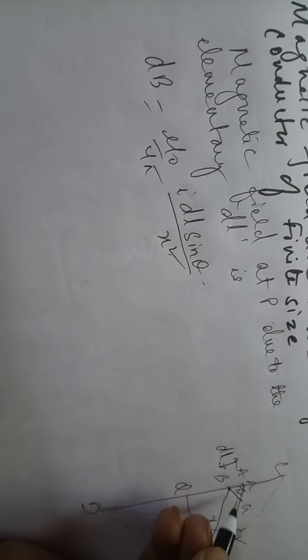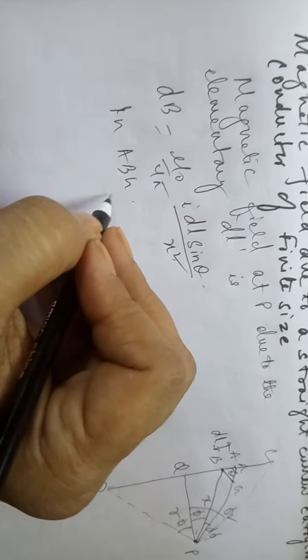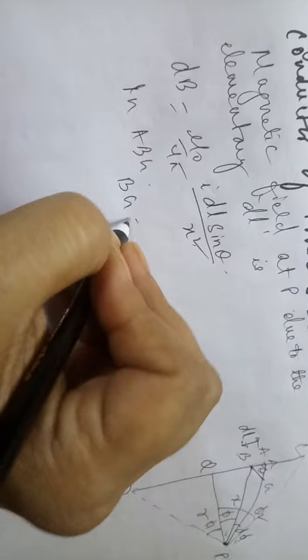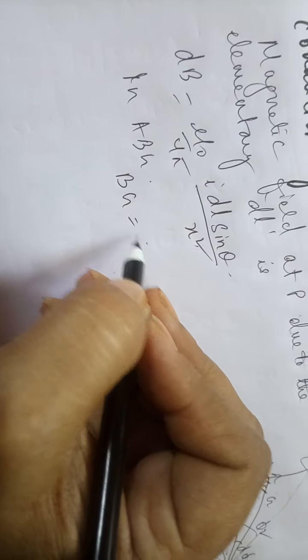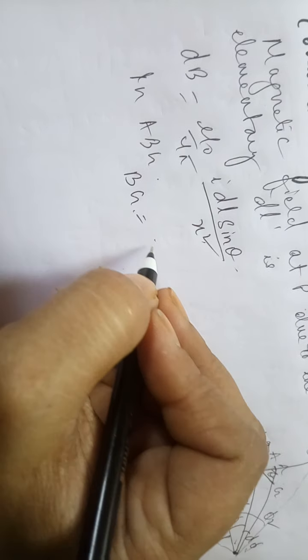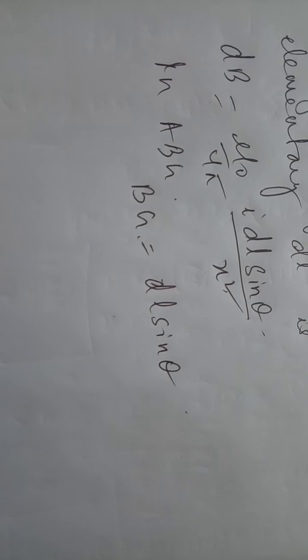Now if you look at the figure properly, if we consider this is dl and this is BG, then in triangle ABG, we can write BG equals AB sin theta, because sin theta is perpendicular by hypotenuse. So we can write BG equals dl sin theta.